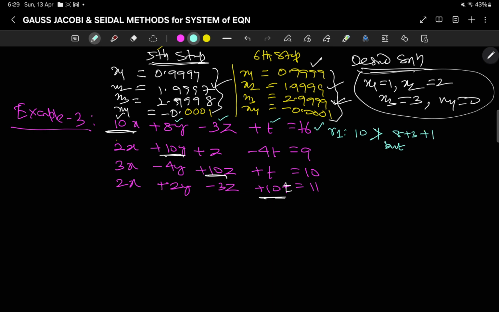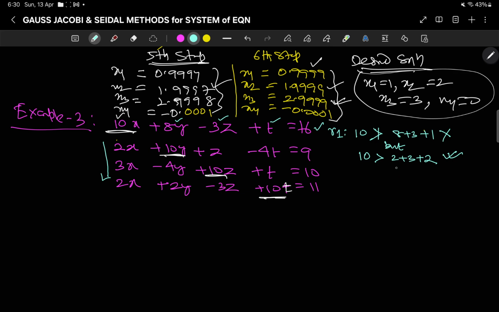But if we think column-wise, 10 is greater than 2 plus 3 plus 2. Actually the real diagonal dominance is row dominance. So this doesn't hold, but this holds.